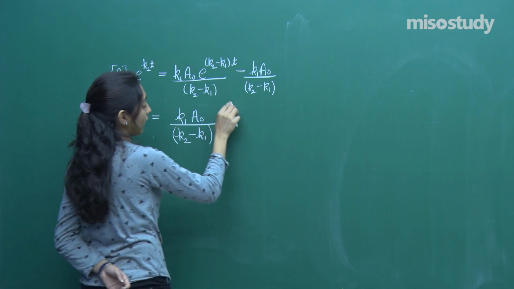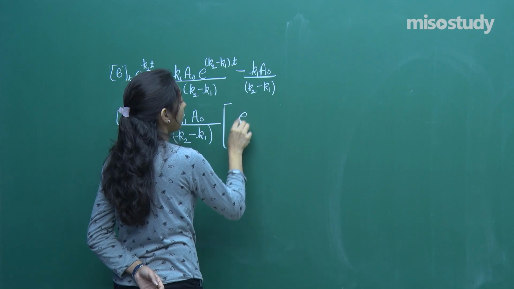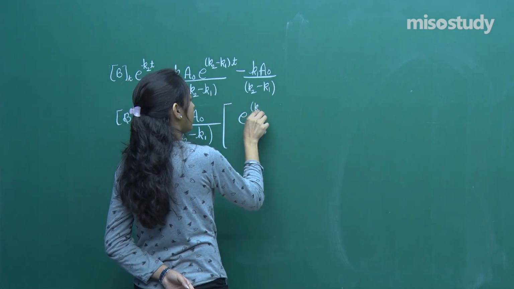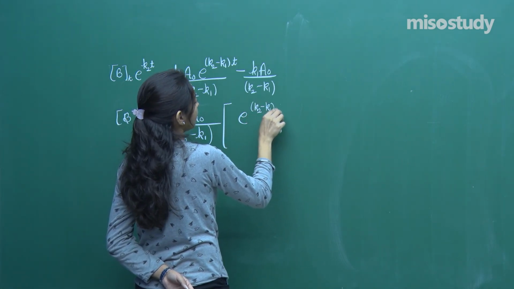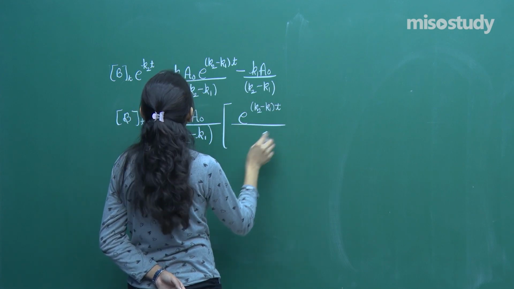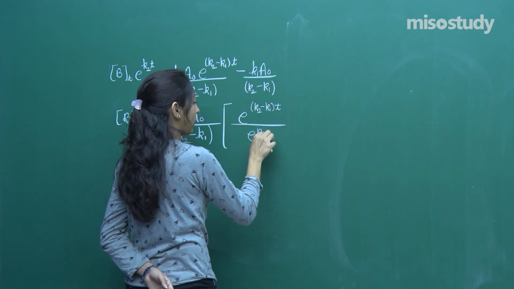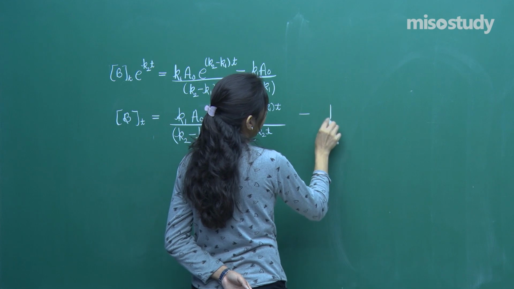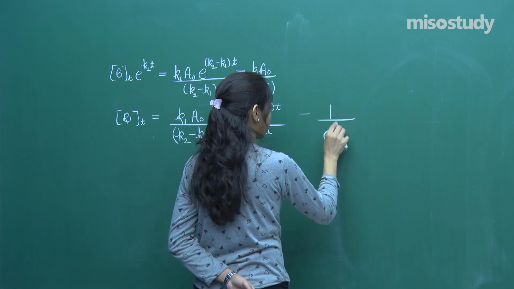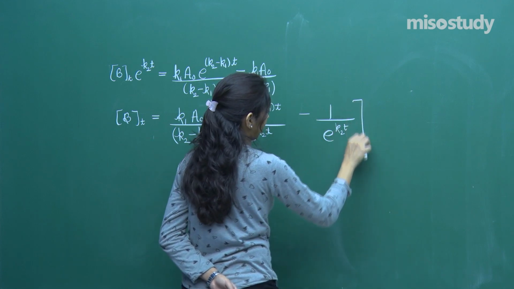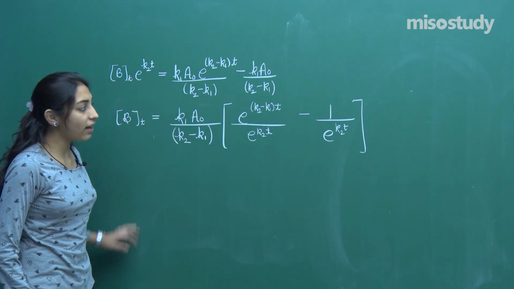This you are taking common. You will be left with e raised to the power k2 minus k1 times t divided by e raised to the power k2t, minus 1 by e raised to the power k2t. So that is our final equation.